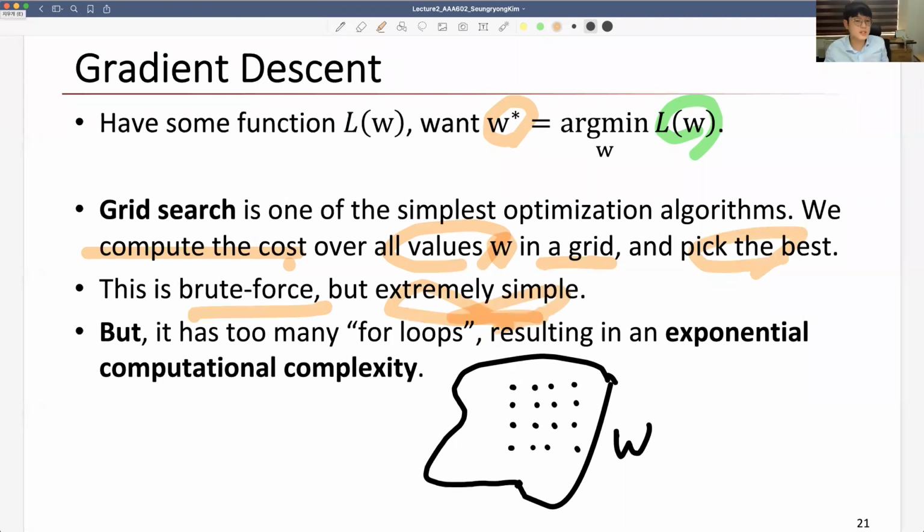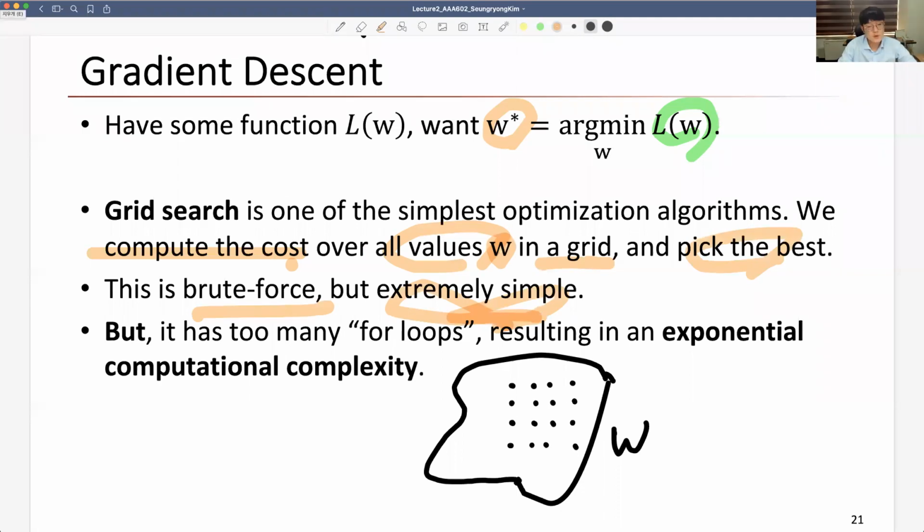We can just search every possible point, but you can easily say that it's not efficient, right? You can imagine that it has too many for loops to search every possible solution, resulting in exponential computational complexity. So it's not an efficient way.